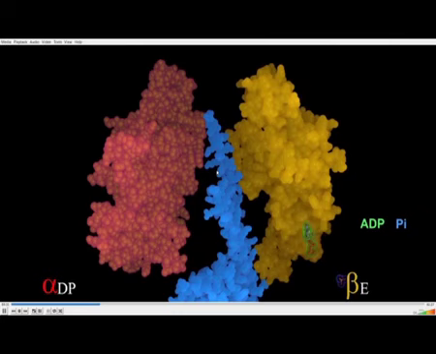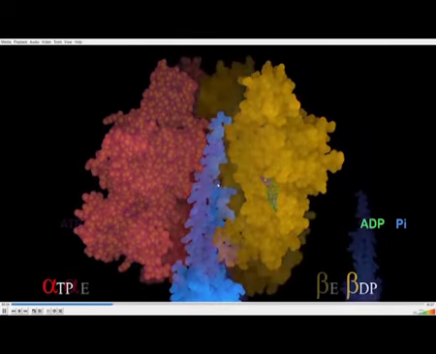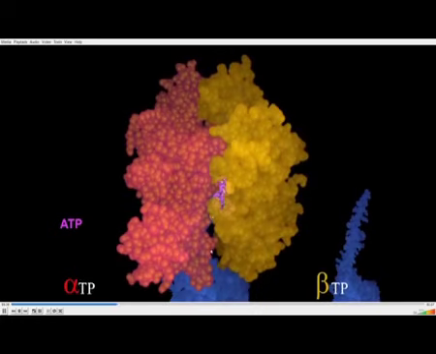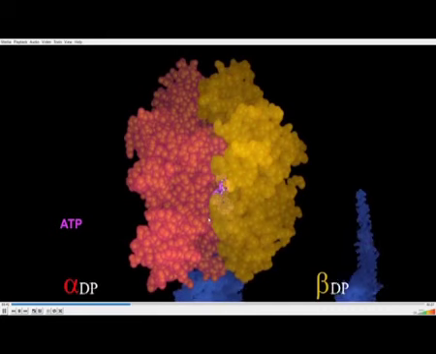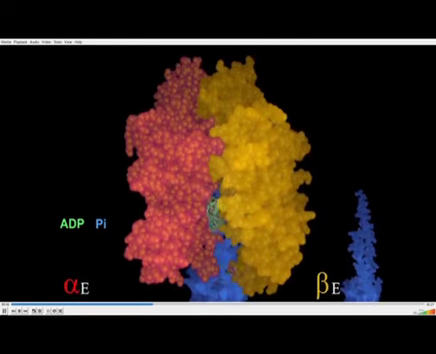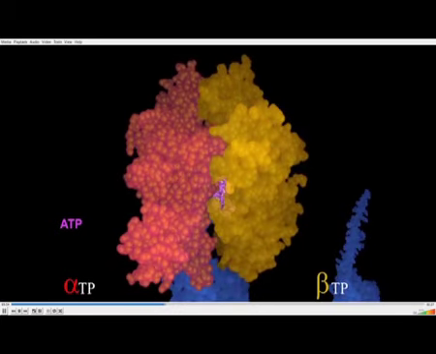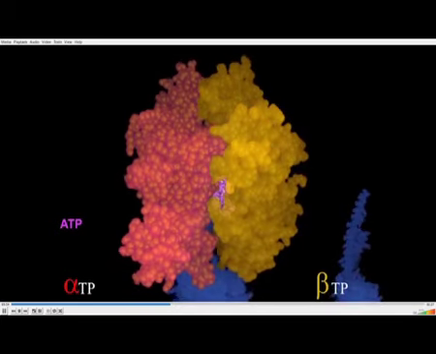The active site is relaxed and it can bind ADP and Pi. As soon as that happens, the blue subunit makes a conformational change, and because of that the beta subunit turns its active site first into the loose binding site and then into the tight binding conformation, and because of that it couples the ADP and Pi and generates the ATP.